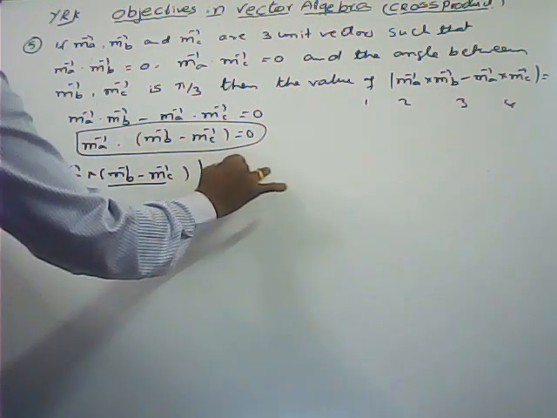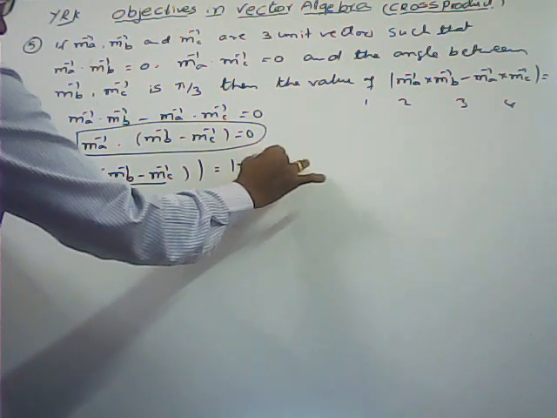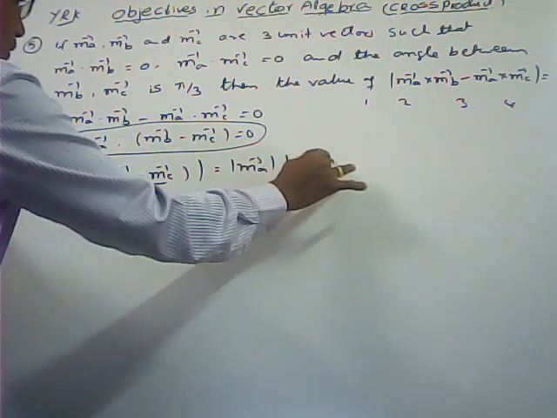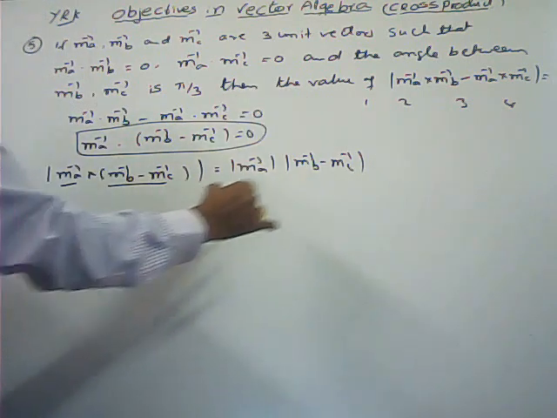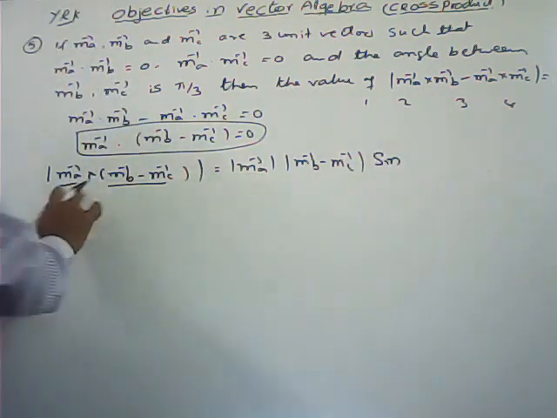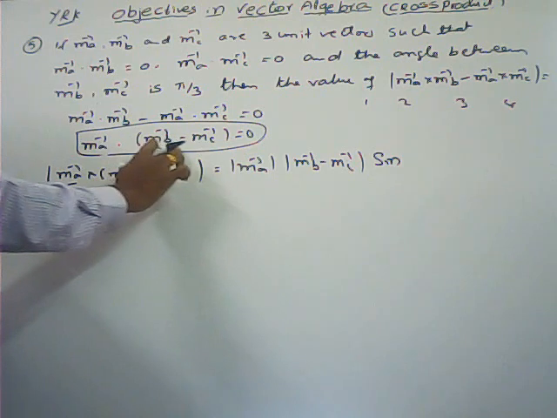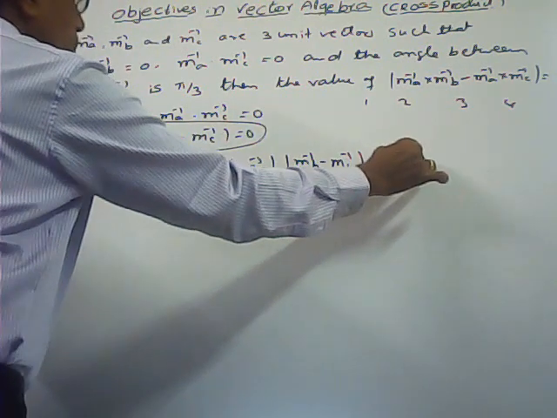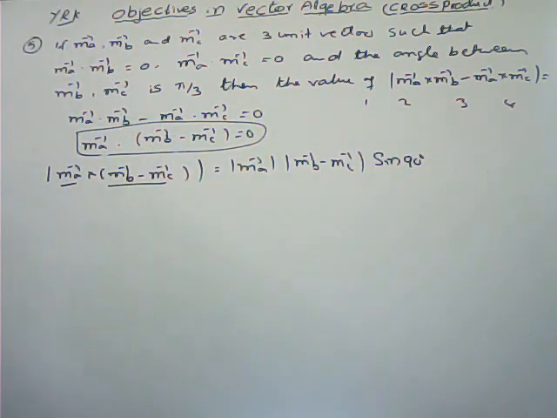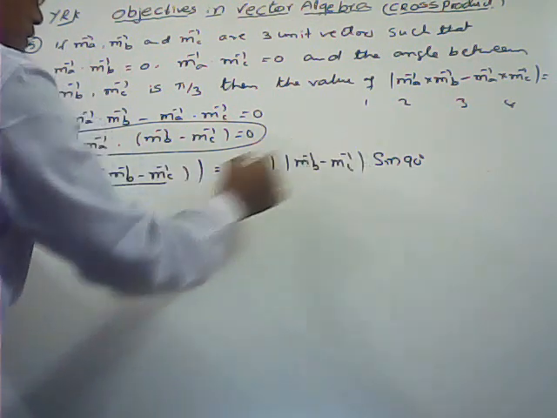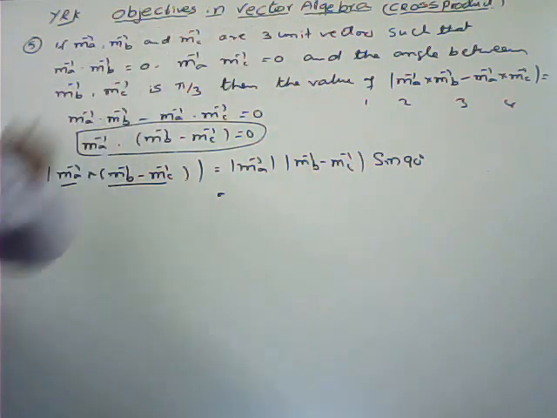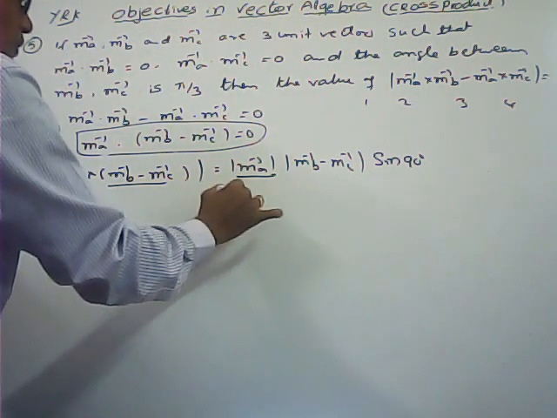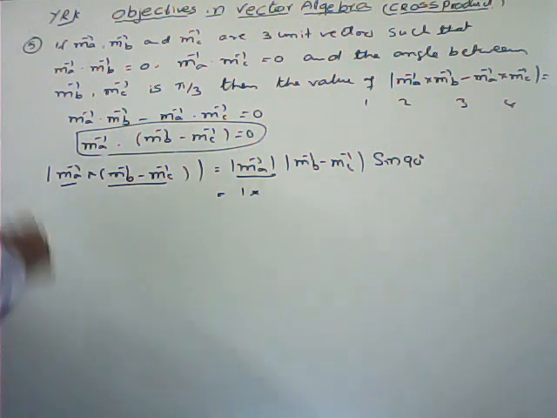That is equal to modulus of MA bar, modulus of MB bar minus MC bar, into sine of angle between these two. Here we got the angle between these two, that is 90 degrees. Whenever the dot product of two vectors is 0, the angle between them is 90 degrees. Sine 90 is 1. Here all the 3 are unit vectors. So this is 1 into modulus of MB bar minus MC bar, which we want.